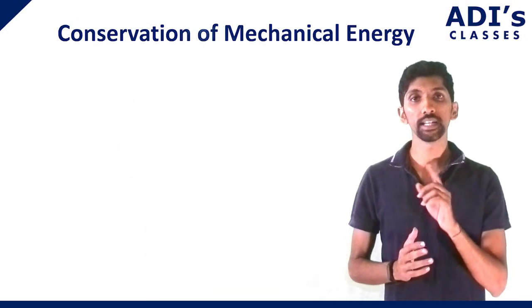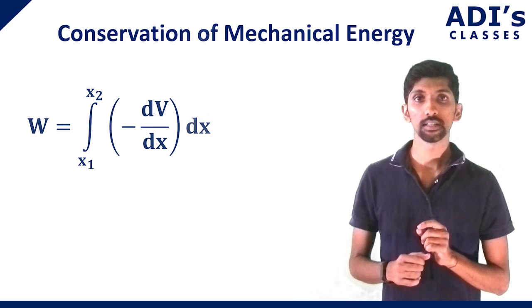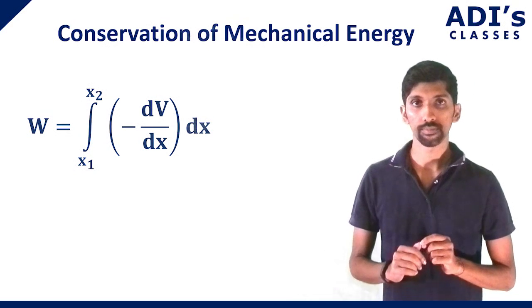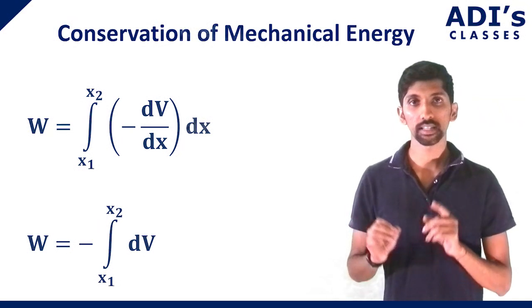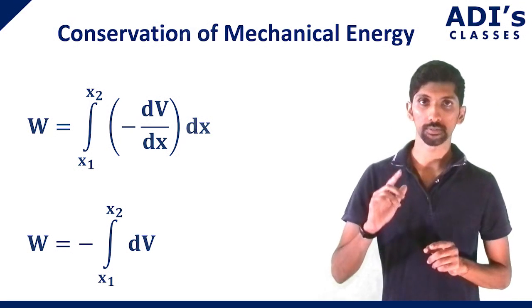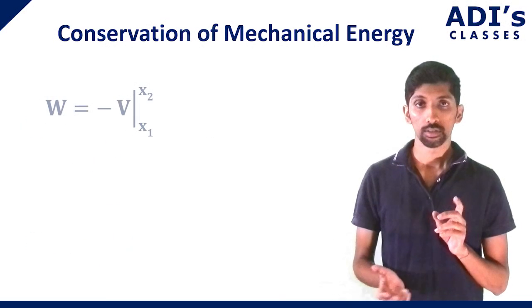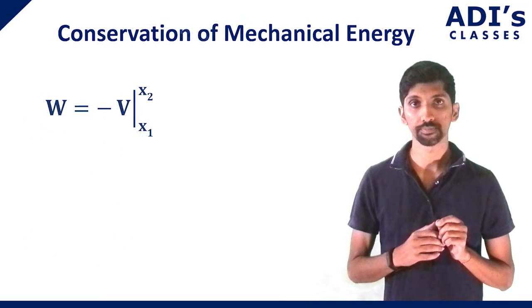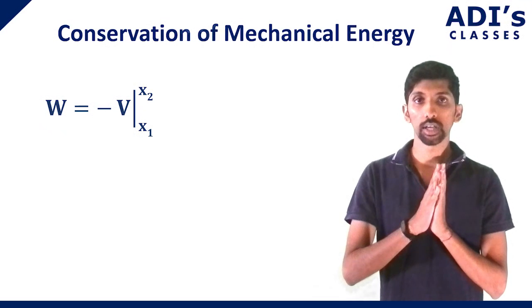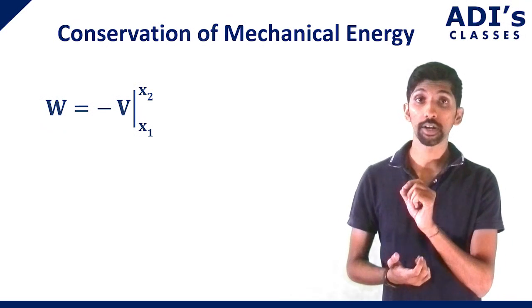So we get the integral of minus dV by dx into dx from x1 to x2. Now dx gets cancelled, so we just have minus the integral of dV from x1 to x2. Now if you integrate dV, you get V. So we have negative V evaluated from x1 to x2, right? If you substitute that, it is the potential at the particular point you are calculating.